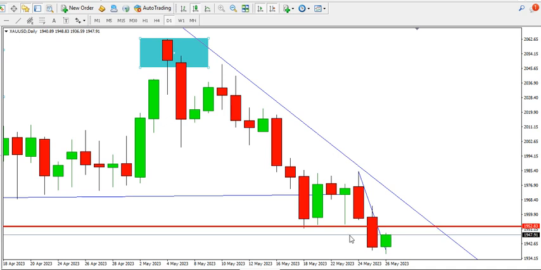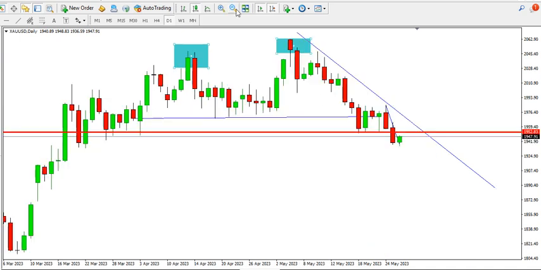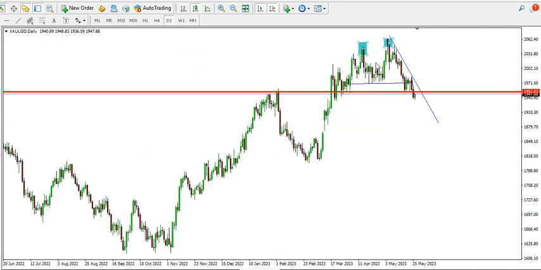So the price of gold is already retracing, and then we can see a more elaborate double top. This double top is much more elaborate than what we have here, so we might be seeing the development of a bearish reversal.